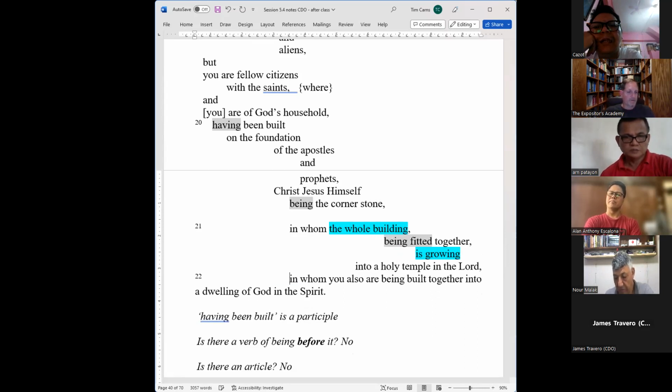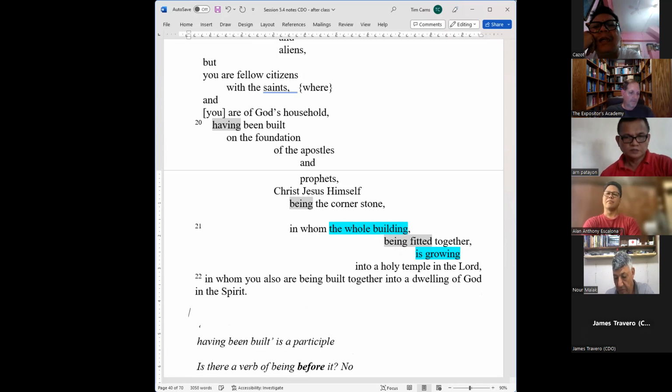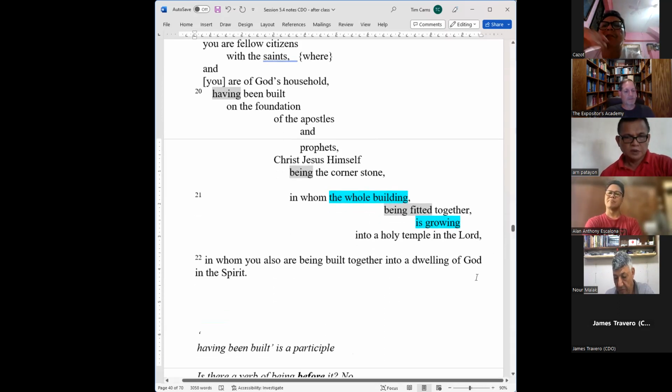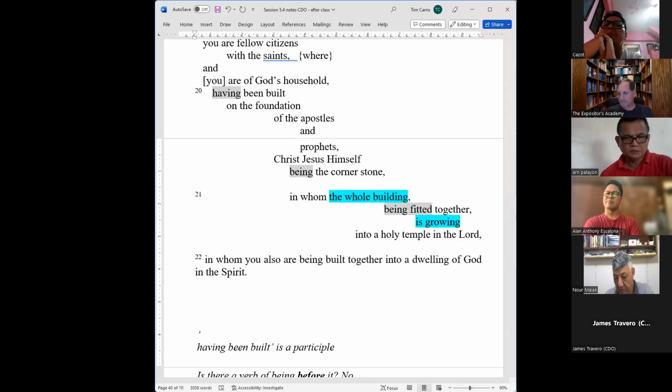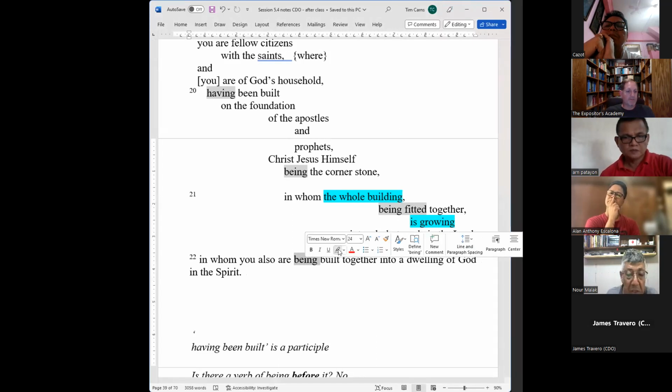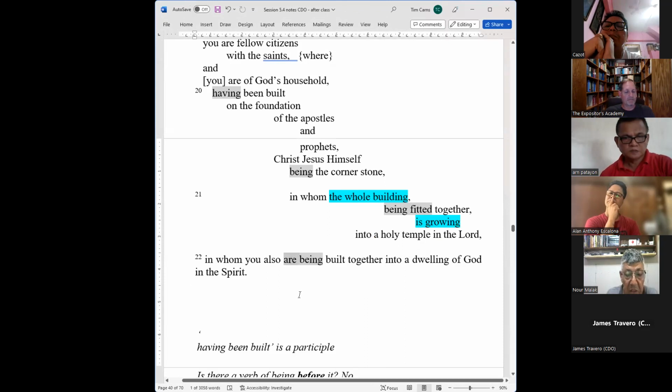Now let's go to the next in verse 22. Do you see any possible participles in verse 22? Are being. Yeah, we have being again, but notice this time what's in front of it?